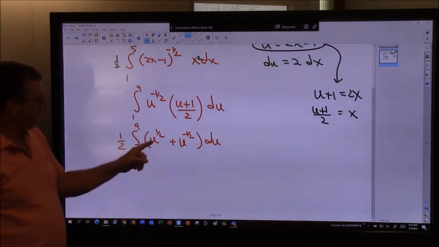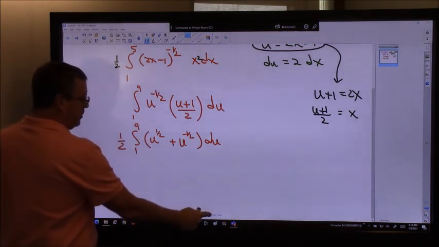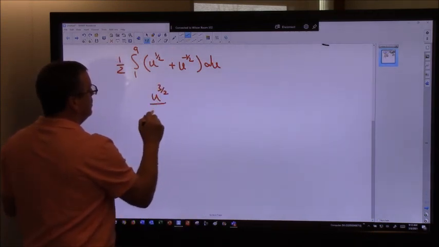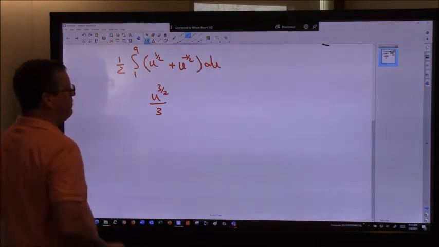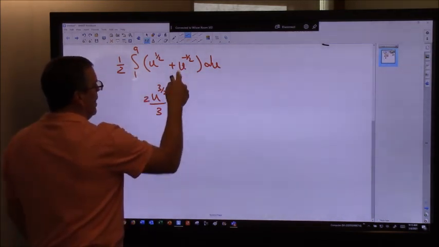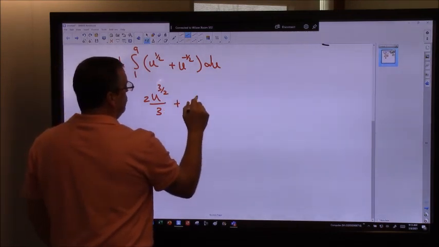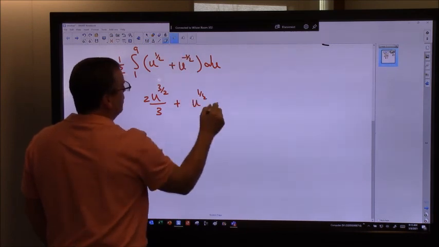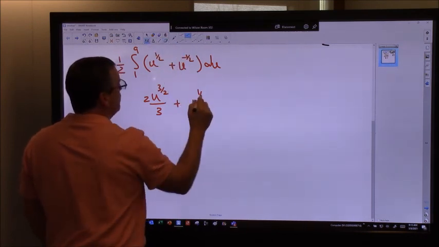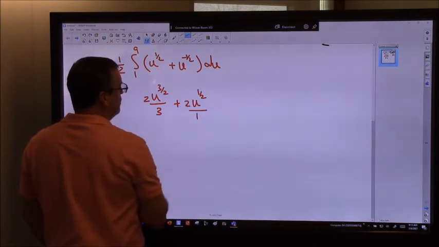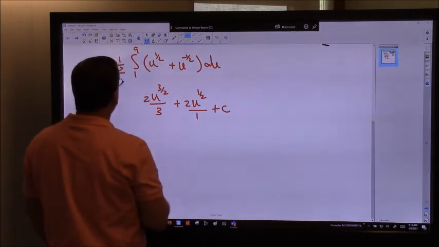And now I'm just going to add 1 to the exponent and divide by the new exponent. So I get u to the 3/2 divided by 3/2, which means I want to multiply by the reciprocal. Add 1 to this, I get u to the 1/2 divided by 1/2, plus c.